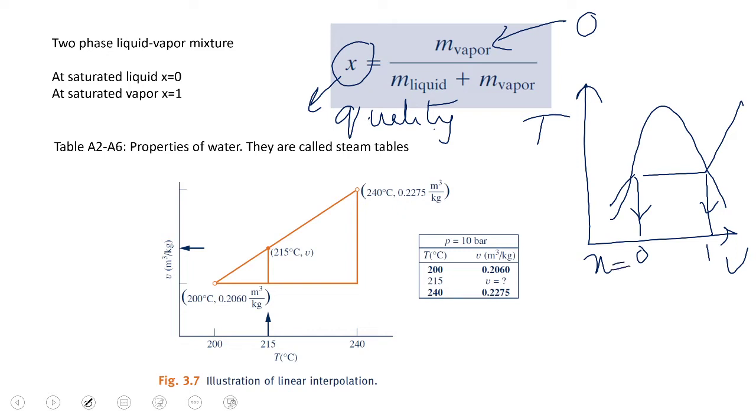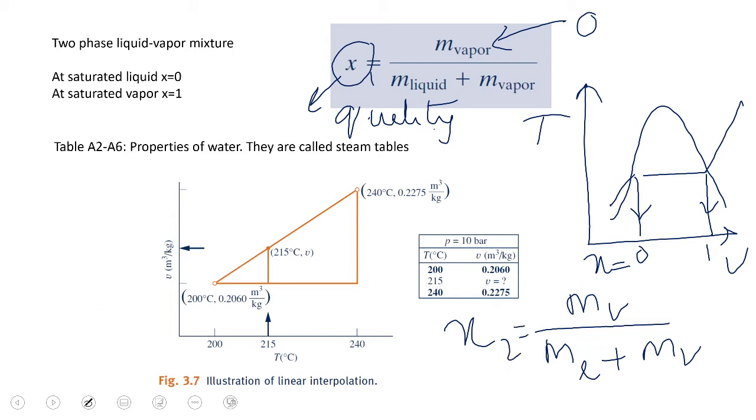And at the other end, the mass of liquid is 0, so mass of vapor divided by mass of liquid plus mass of vapor is mass of vapor divided by mass of vapor, which is 1. So we are changing from liquid to vapor.